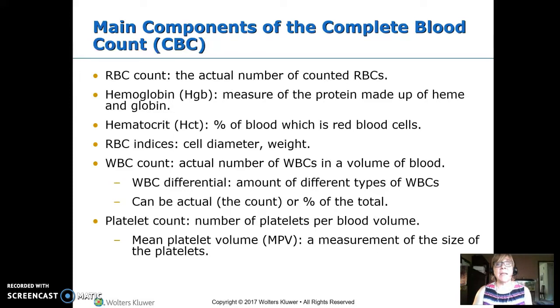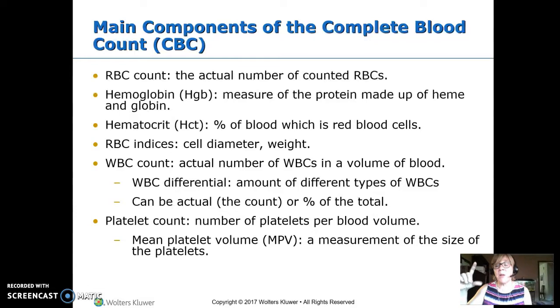So in that CBC, we have a red blood cell count. This is just counting the numbers of red blood cells. It's in a specific volume of blood, how many red cells are in there. The hemoglobin is what's on the red cells that actually carries the oxygen. So hemoglobin can be measured just by measuring the actual hemoglobin, the heme there, or hematocrit.